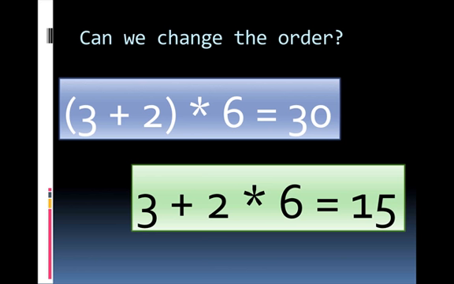We do what's inside the parentheses first. That would be adding 3 plus 2. Then we multiply the result times 6. In this case, it would be 3 plus 2 times 6 equals 30. Again, this is different than what we do below, where we multiply 2 times 6 first and then add 3.